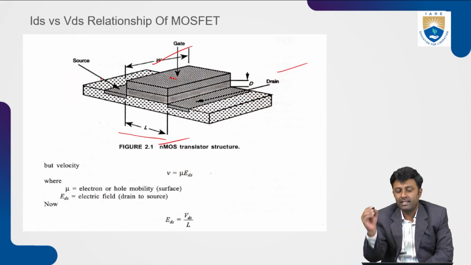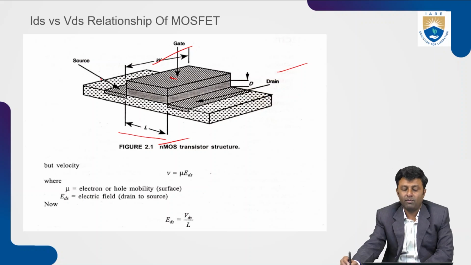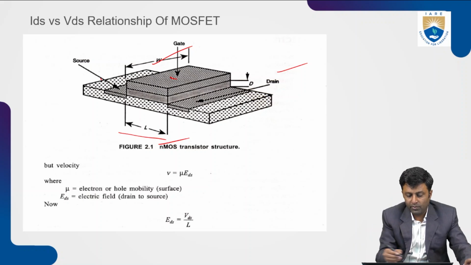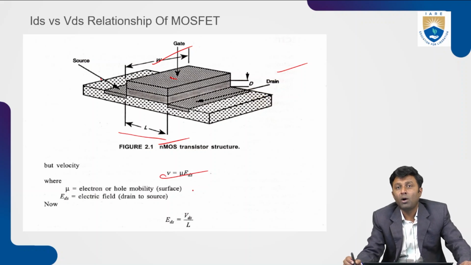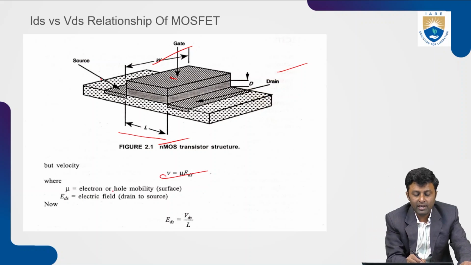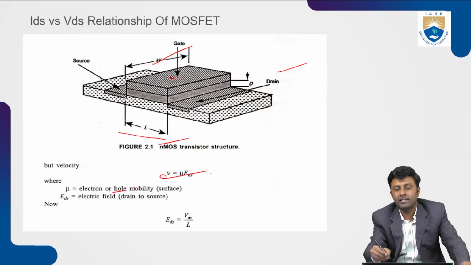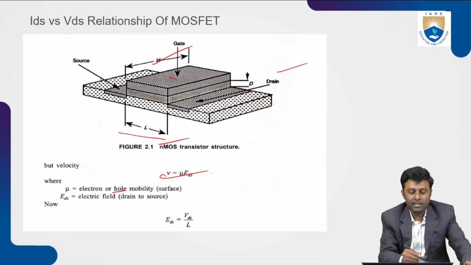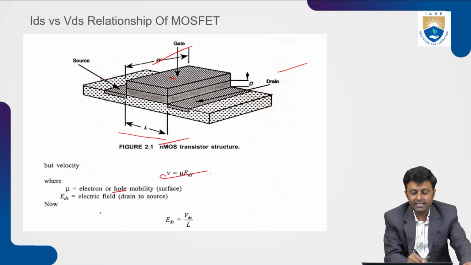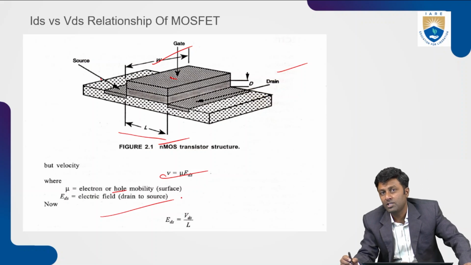If the length of the channel is less, the electron density will be more, and the flow of current will be more. With this we can write the velocity as V equals mu into EDS, where mu is the electron or the hole mobility. For an N-type transistor, mu is the electron mobility, and EDS is the electric field from the drain to the source.